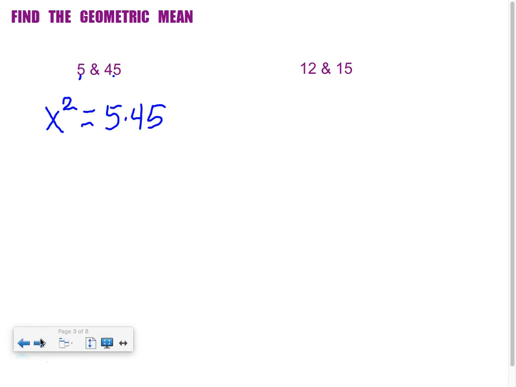What do we get when we multiply those together? 225. Yep, and if we take the square root of both sides, we get x equals 15.